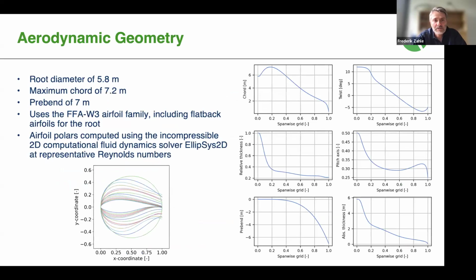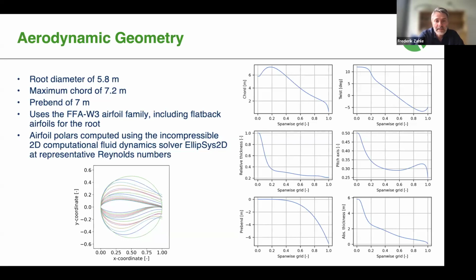The aerodynamic geometry, some parts of that were fixed by choice. Root diameter, maximum chord, and prebend were chosen a priori. We continue using openly available airfoils, although these airfoils were not designed for very high Reynolds numbers. They remain fairly well-performing, and we have used these across many of the reference designs available.